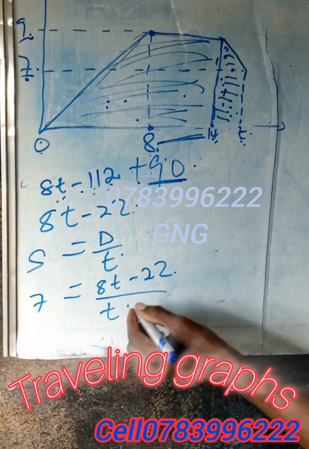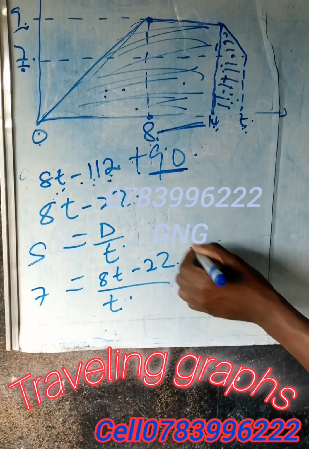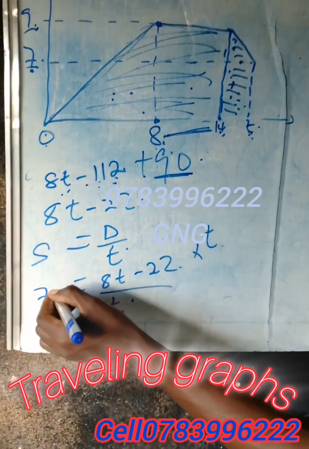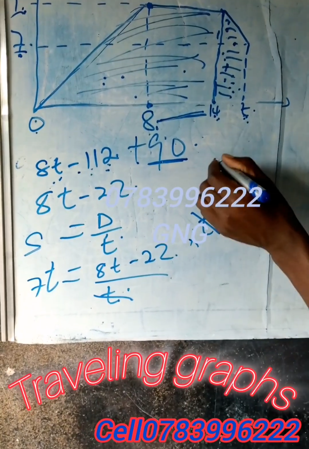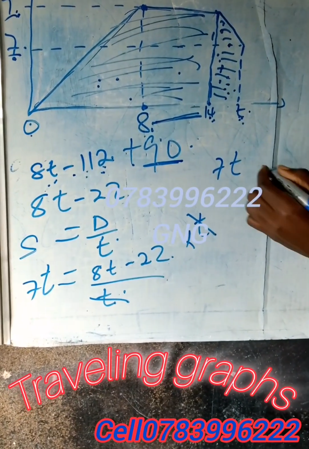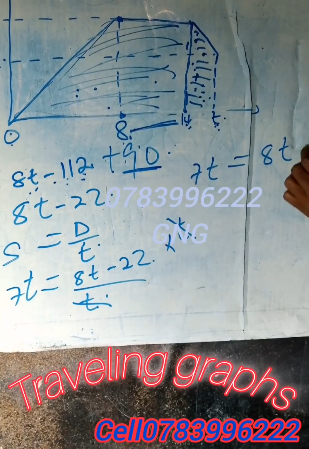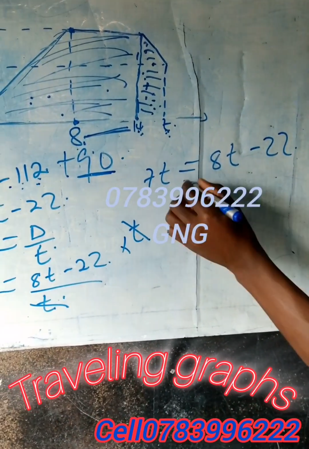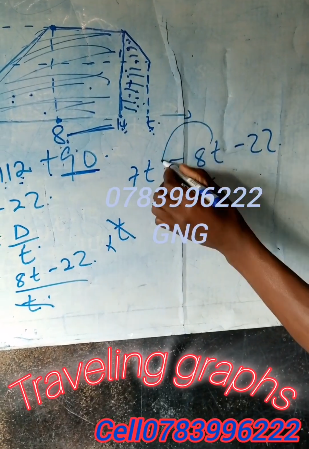You are going to find t, this will give us the value of t. So multiply both sides by t. So it will be 7t is equal to 8t minus 22. Then we group like terms. Then 8t will come here.